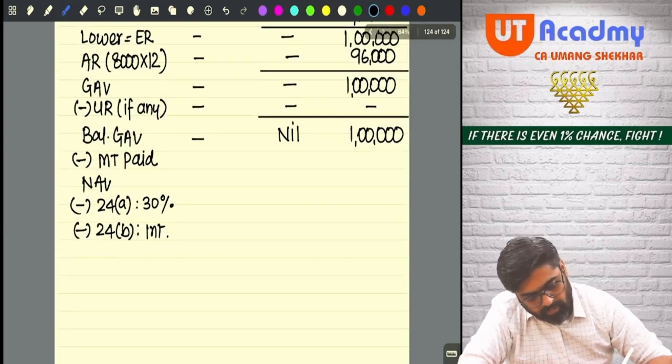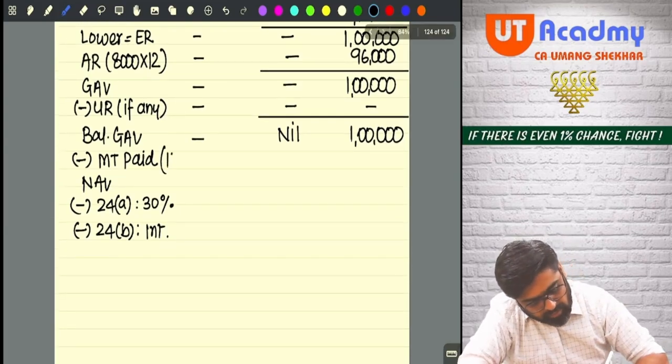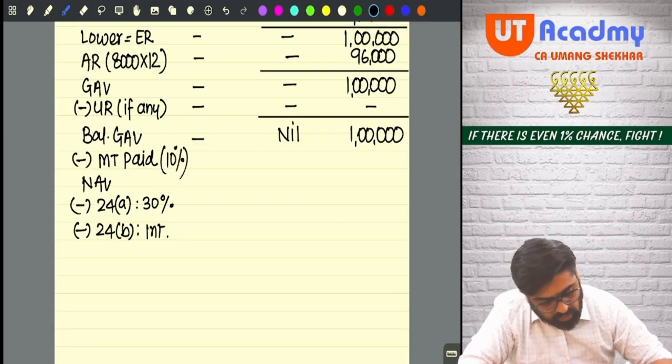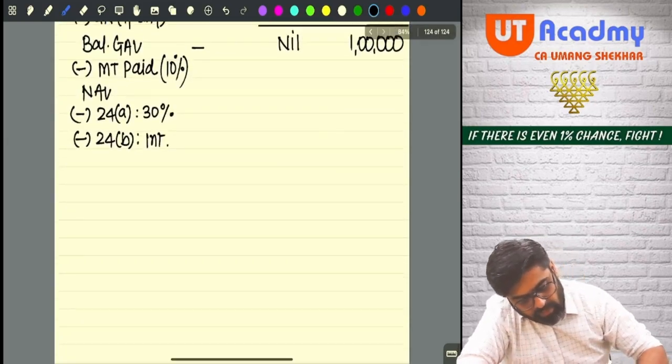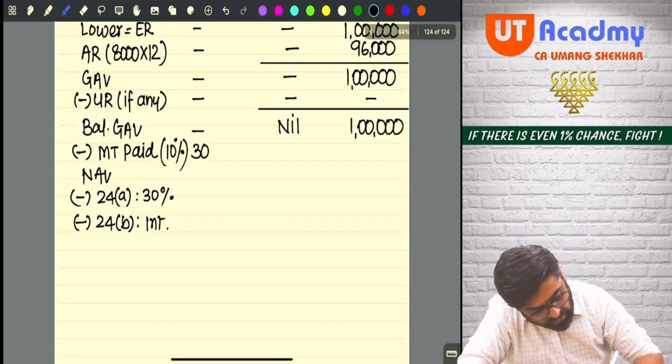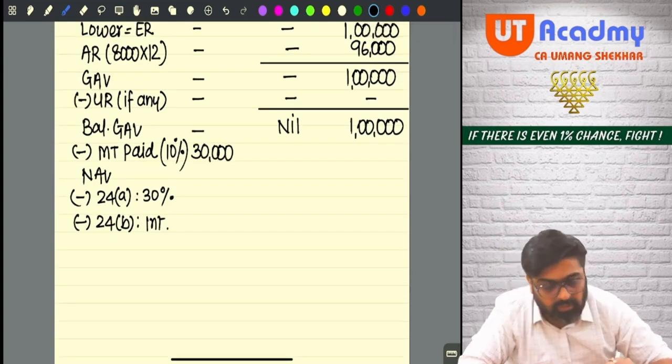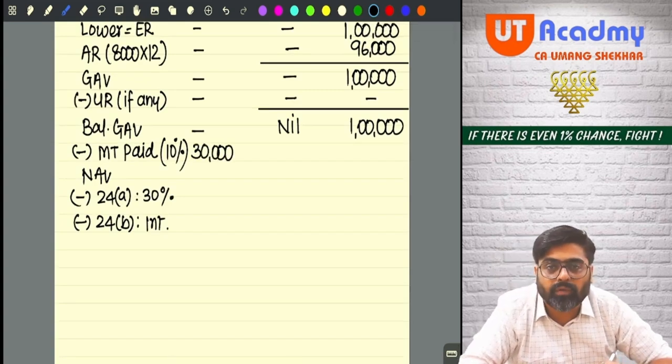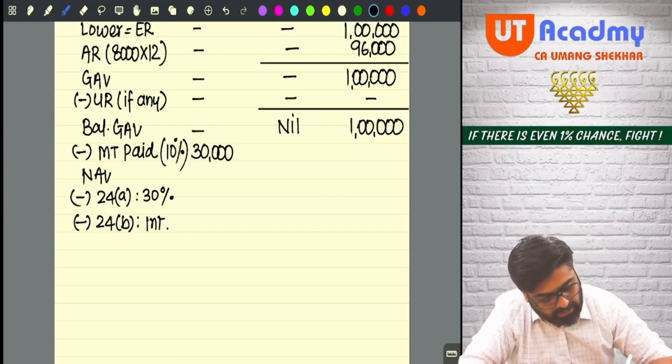Now, tell me, municipal taxes are 10% of municipal value. So what was your municipal value? 3 lakh. 10% of that will be 30,000. So I will in my total column write down 30,000 as municipal tax. Out of that 2/3 relates to SOP portion.